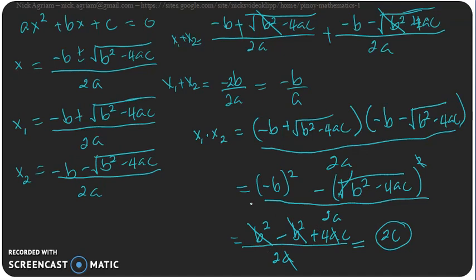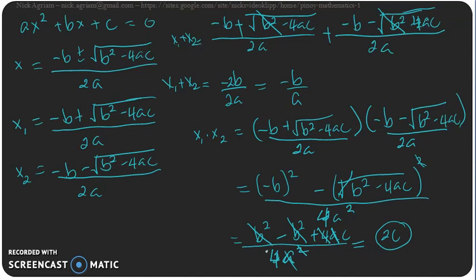Sorry for that, because I did a terrible mistake here again. This one will be 2a, and this one will be 2a. So we have 4a squared. So that one will be 1, but this one will be a. Then we have 4, 4.